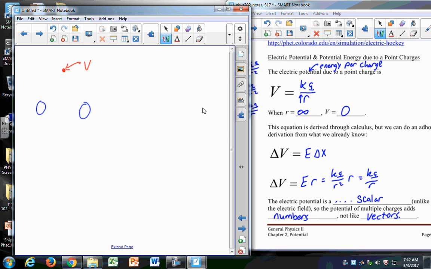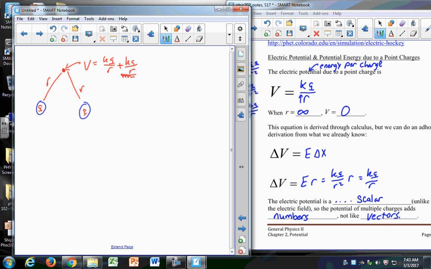The potential is equal to KQ over R plus KQ over R, right, where this is Q, and this is the distance R here and here. Remember, they add like scalar quantities, so I don't worry about any signs for the direction, but I do include the signs for the charge.